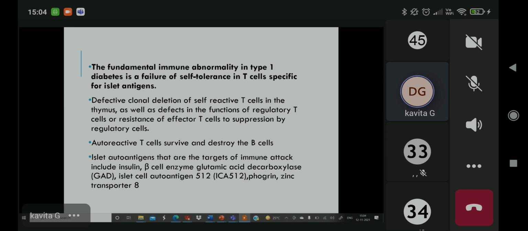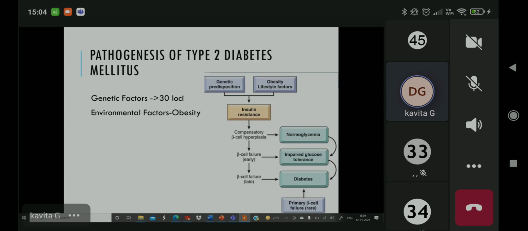Or in turn, they're irritating the B cells, they're destroying them also. Then I've already mentioned the islet autoantigens, which are targets against insulin, GAD, and this is also important, ICA512, phogrin and zinc transporter. So if any of these is present, this leads to the diagnosis of type 1. Now coming to the pathogenesis of type 2.